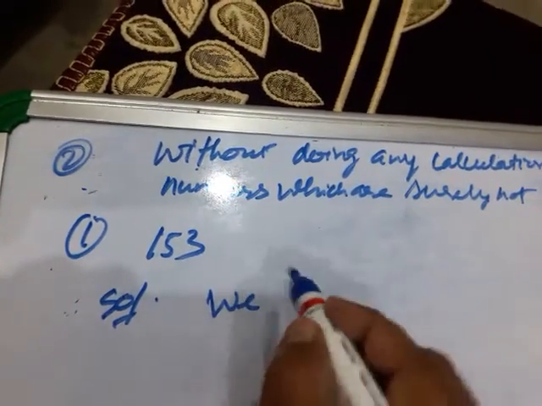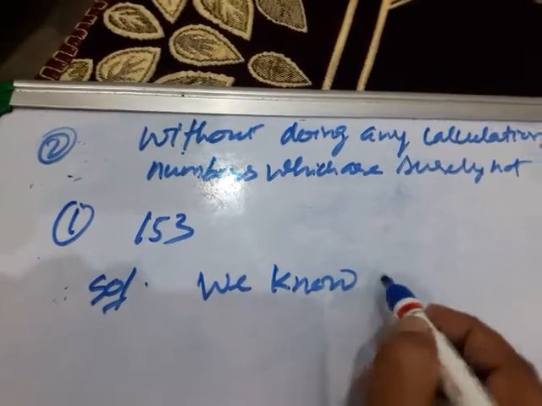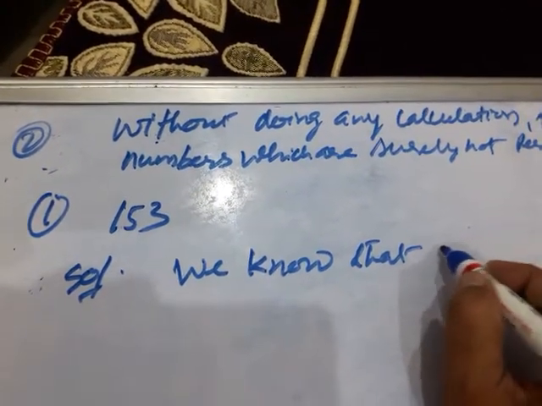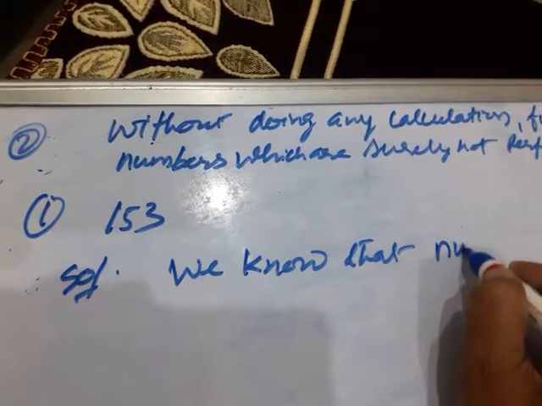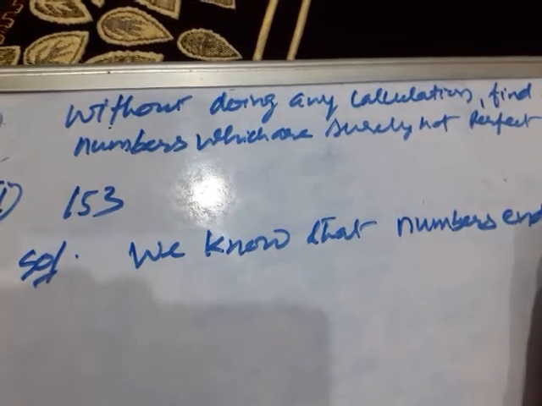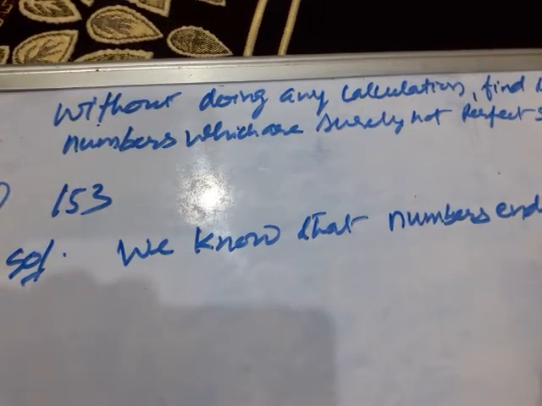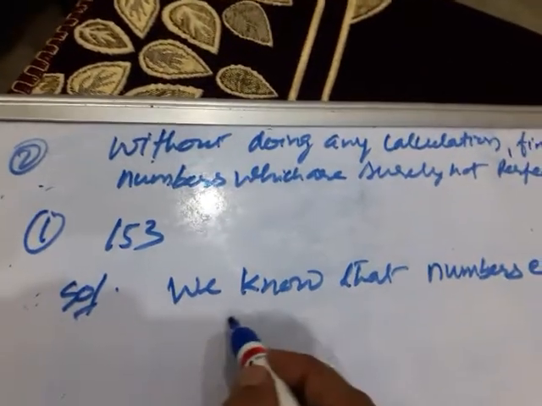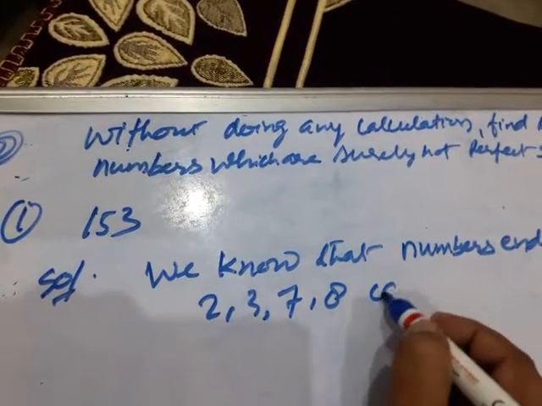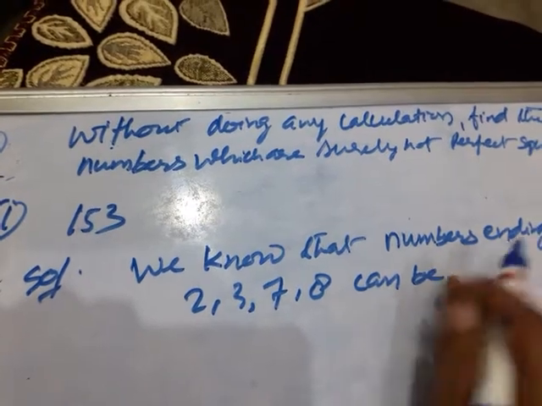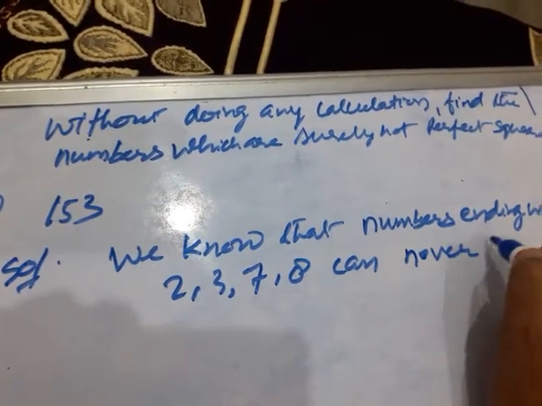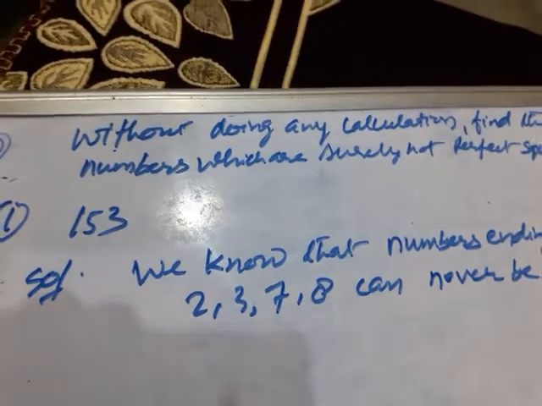We know that numbers ending with 2, 3, 7, 8 can never be a perfect square.